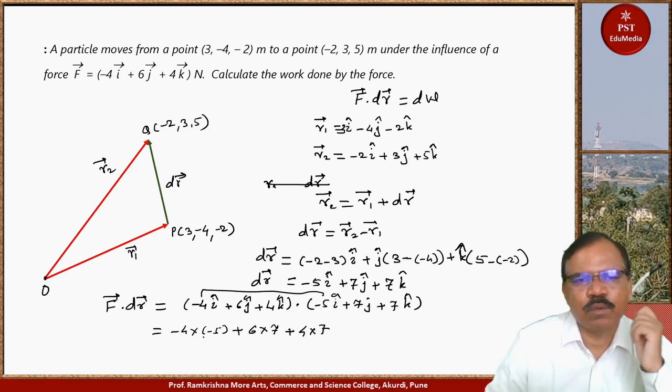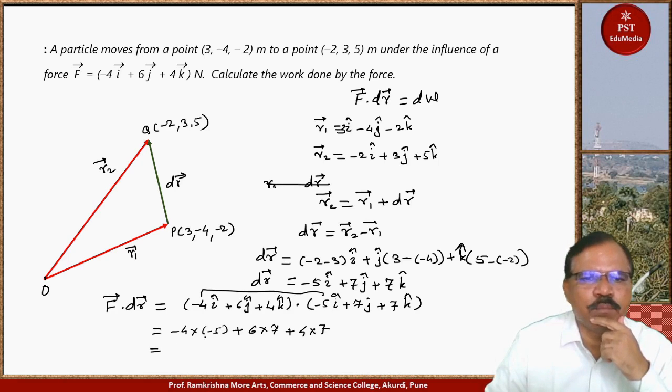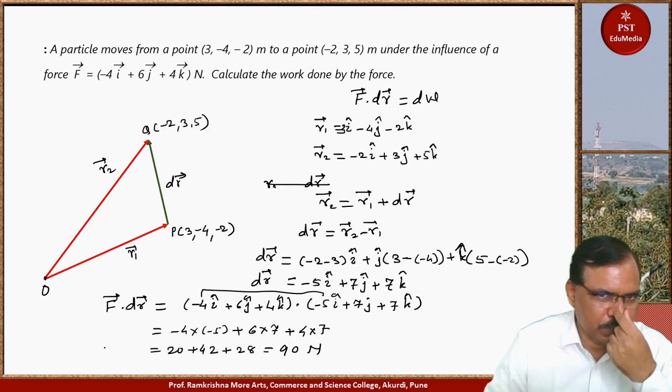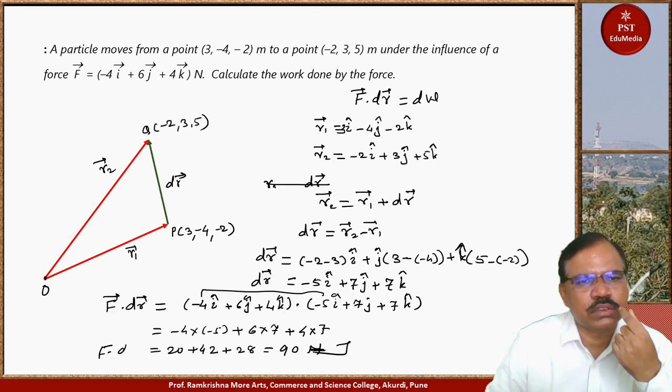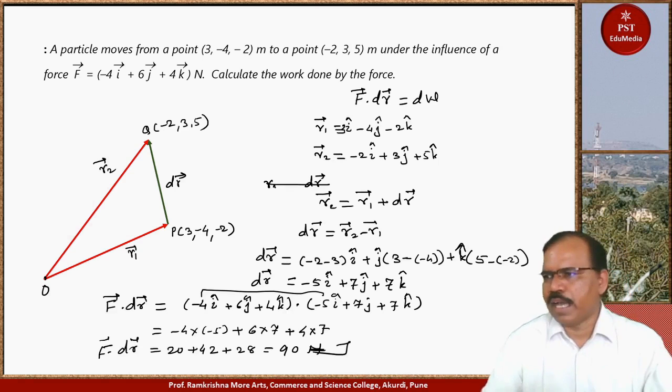So it is plus 20 plus 42 plus 28, which is 90. It is 90 joules. Work done is in joules. So this is F dot dr, this is work done.